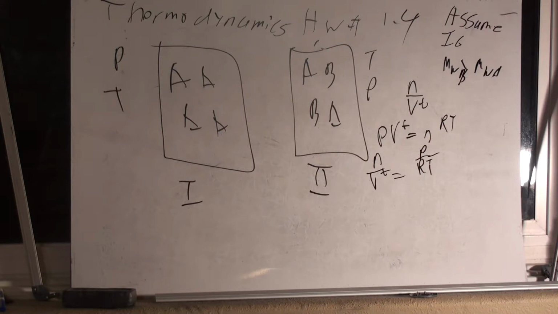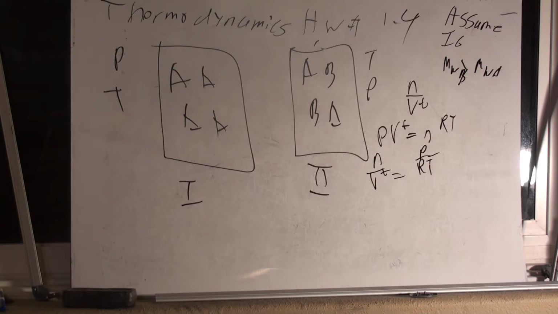Now, what I'm noticing here though, well, maybe you already notice it. What role is the molecular weight playing in the molar density? It's not. This has nothing to do with the mass density. This just has to do with the molar density. And the molar density is only dependent upon pressure and temperature and the gas constant.